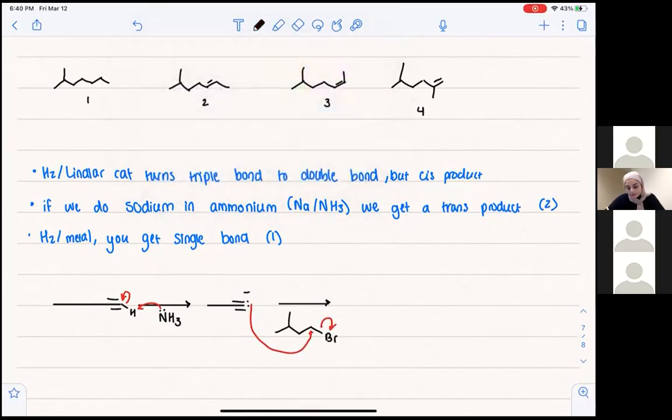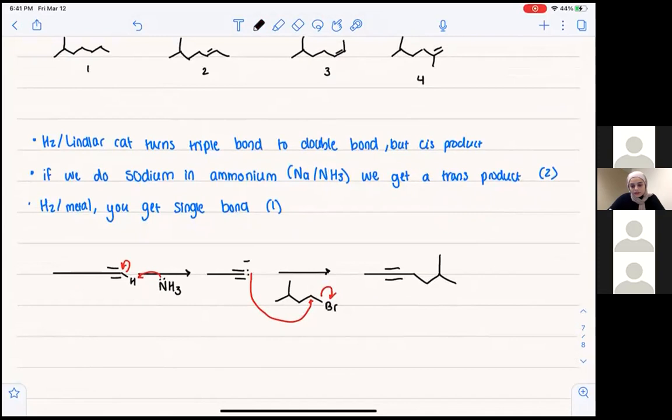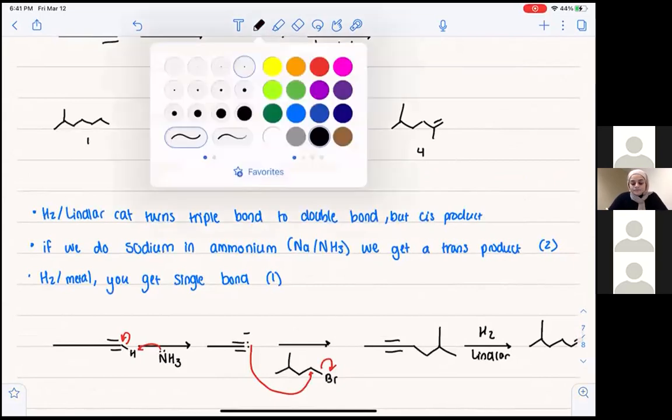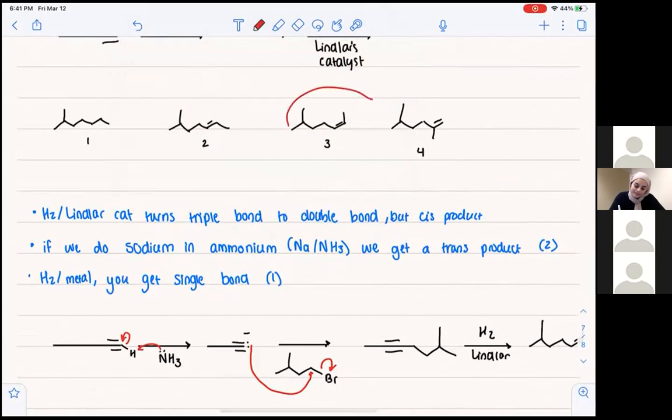Then we are left with something like this, where it's just adding on. So you have to be really careful with what's happening here, because nothing is actually breaking the triple bond in this one. And then after the H2 Lindlar's catalyst, we get this. And what does that one look like? It looks like 3. Exactly. So the answer here is going to be 3.